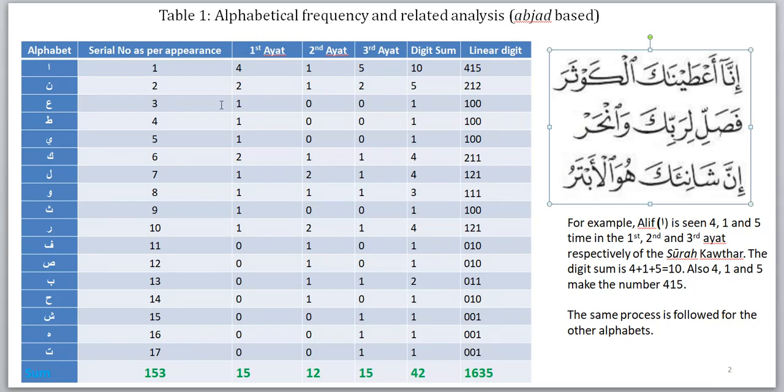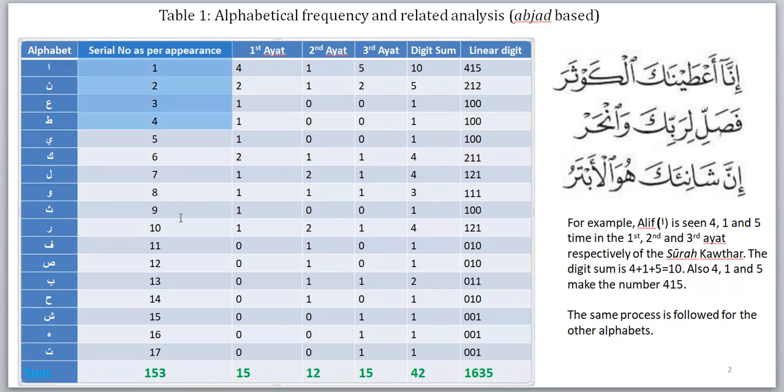That means in the second column, we see the serial number as per appearance. The alphabet that appears in this surah first is placed first in this column, and accordingly the harfs are placed in this column.